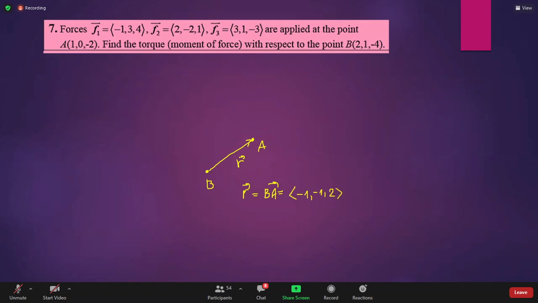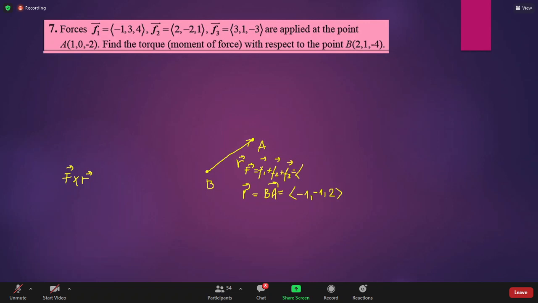Now the force vector, and we have to multiply force first, radius vector next. So I will write the force vector above. The force vector is, of course, the sum of all three forces. The resulting force, the sum of all three forces. And I will write it right above the vector R.